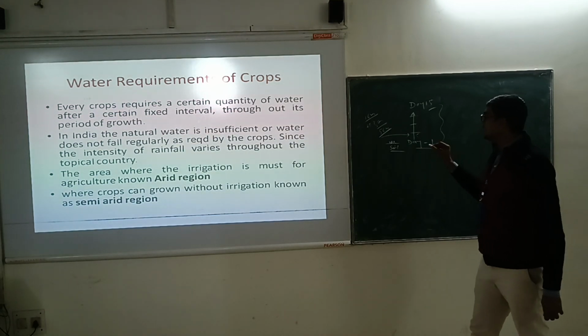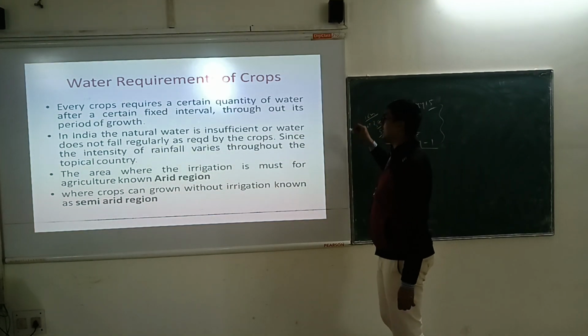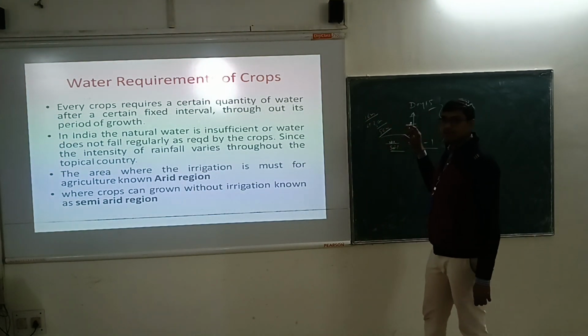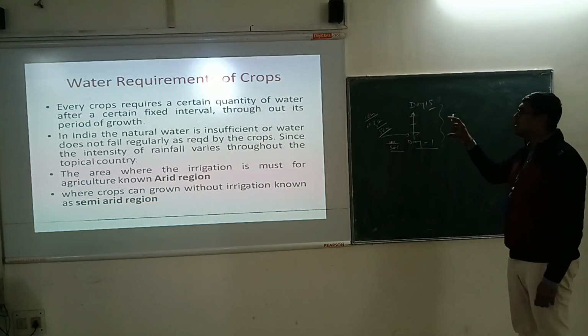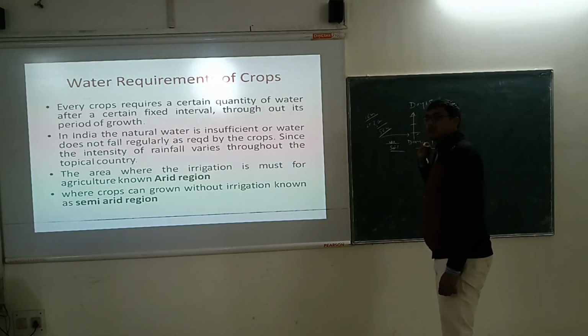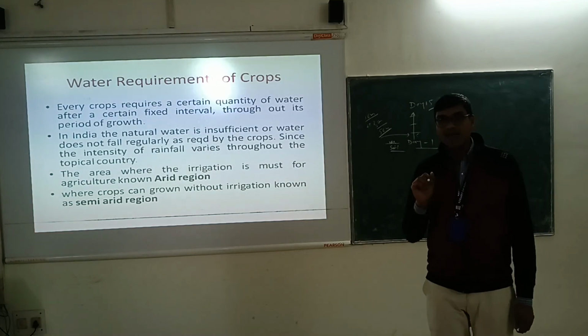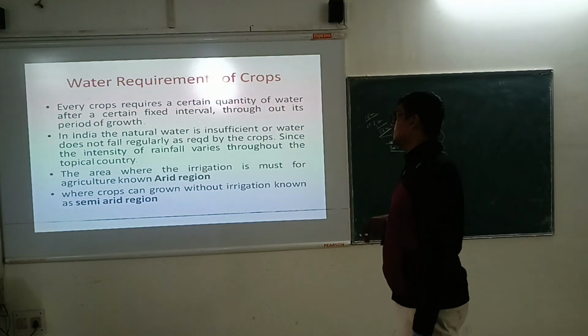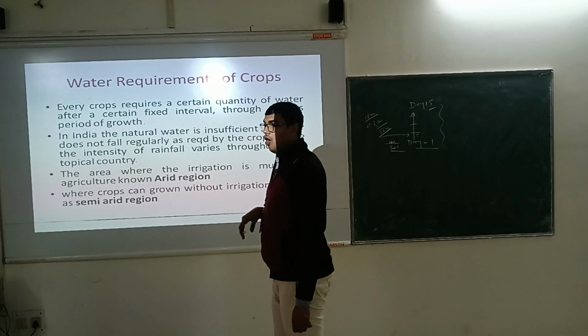So the total is 1 plus 3 is 4, plus 5 is 9. So 9 centimeter of water is the total water requirement for this particular crop. Is it clear?